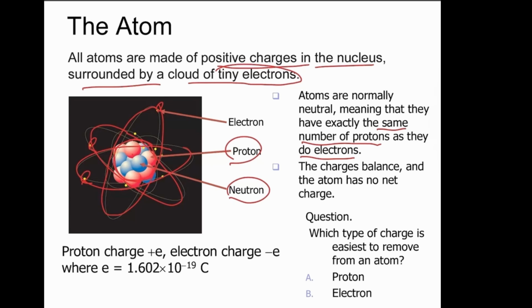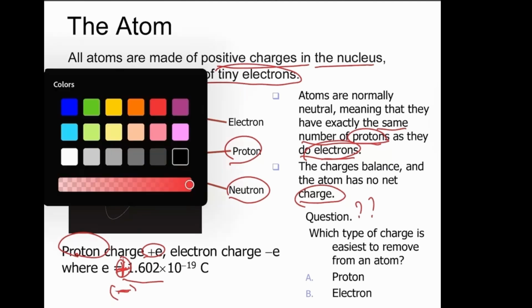So when neutral, the amount is e equal to 1.602 times 10 to the minus 19. For the proton it is positive, and for the electron we put a negative sign. Question: which type of charge is easiest to remove from an atom?